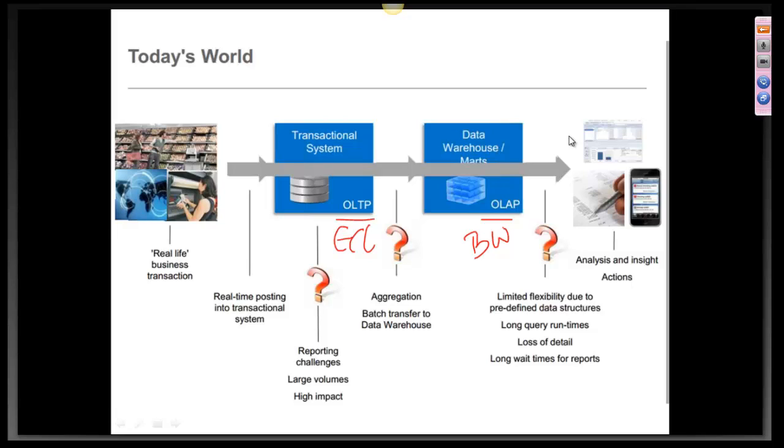In normal words, a transactional data system and a data warehousing system. The moment you do any transaction, immediately that is updated into the OLTP system. During the evening, that is updated into the SAP BW system. On top of that, we generate the reports.